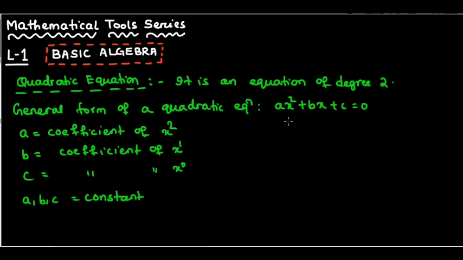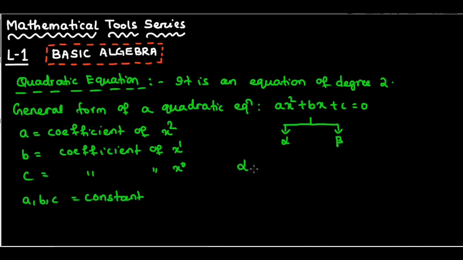So this quadratic equation ax square plus bx plus c has two solutions, alpha and beta. The first solution is alpha and the second solution is beta. Now, what is the formula to get the value of alpha and beta?